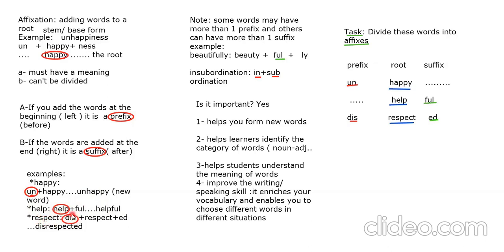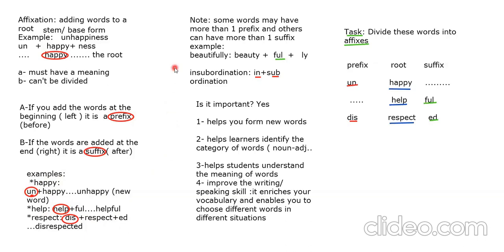I added a prefix dis, and I added a suffix ed, so I obtained disrespected. So this is just to show you that some words can have prefixes, some words can have suffixes, and some words can have prefixes and suffixes, like this one here.